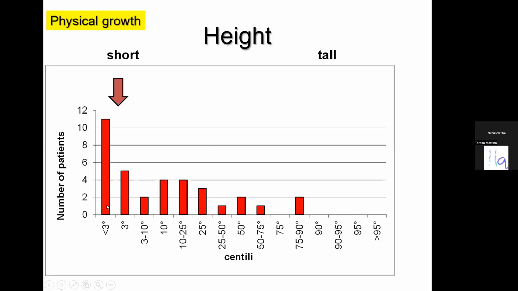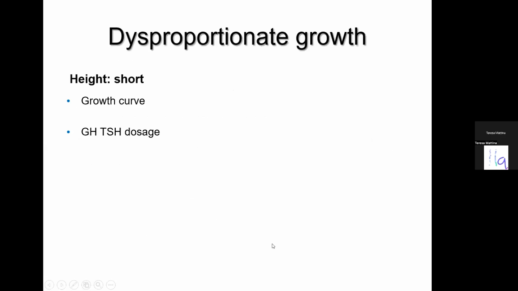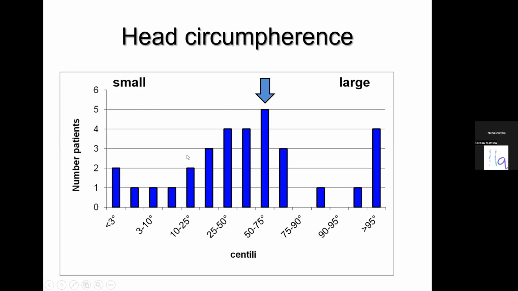You see how many children are short, fewer children have a normal height, and few children are tall. If the stature is short, but also if children are very tall, the growth curve is important, and hormonal tests are to be performed, GH and TSH.